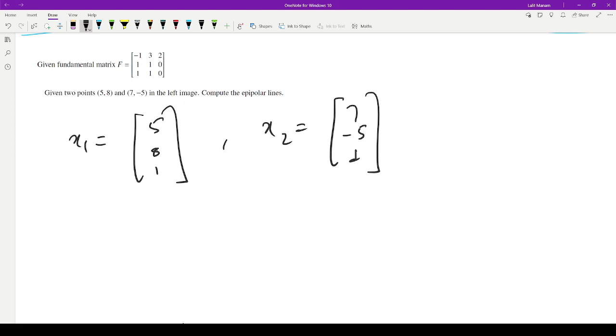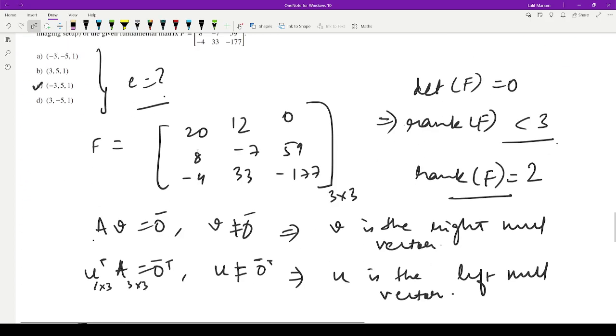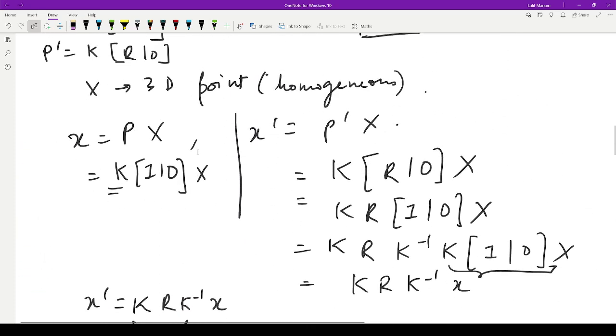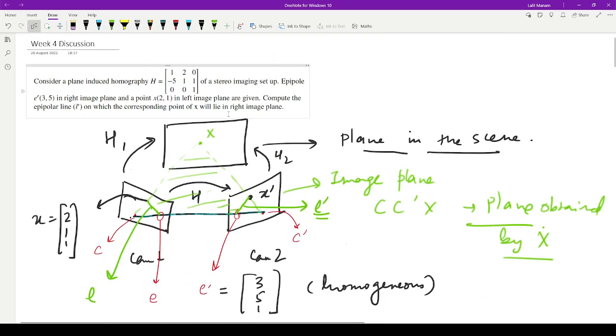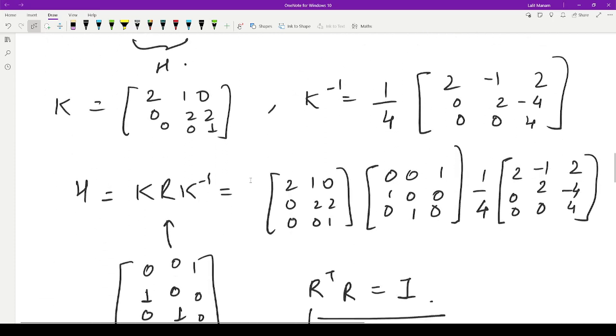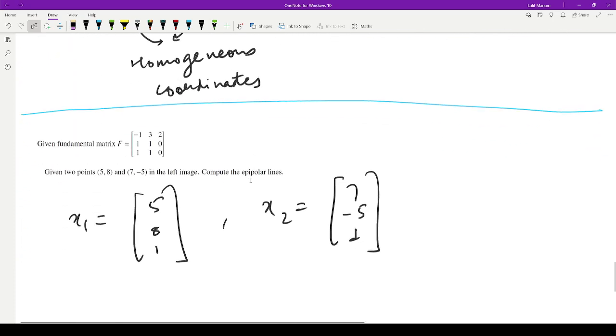One is pure rotation, which we solved in the second question, where we can have a homography H. The other one, in the first question, is where we see a planar scene. Other than that, apart from degenerate cases, in general you cannot have homographies.